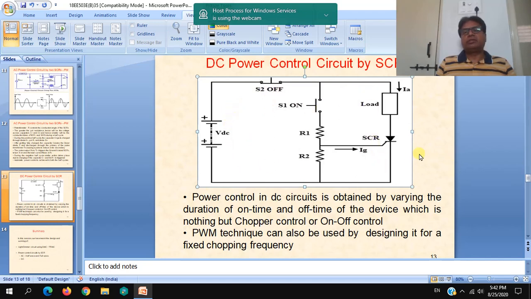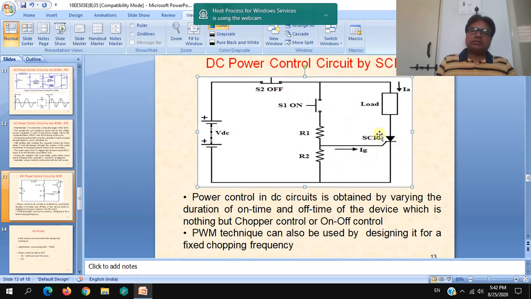The load gets turned off, and once it is turned off, even though S2 is now closed and the SCR is forward biased, it is not conducting as the other switch is open. It will not conduct.